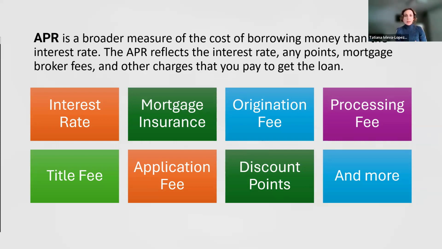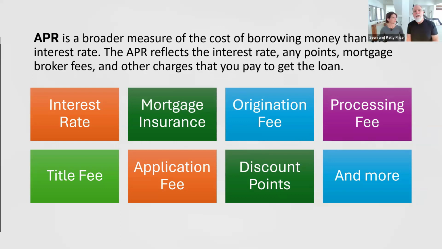So naturally, APR is always higher than the interest rate because it incorporates some of the closing costs. Okay. So APR is if you took all the fees that you paid when you took the loan out, and it kind of amortizes them over 30 years.